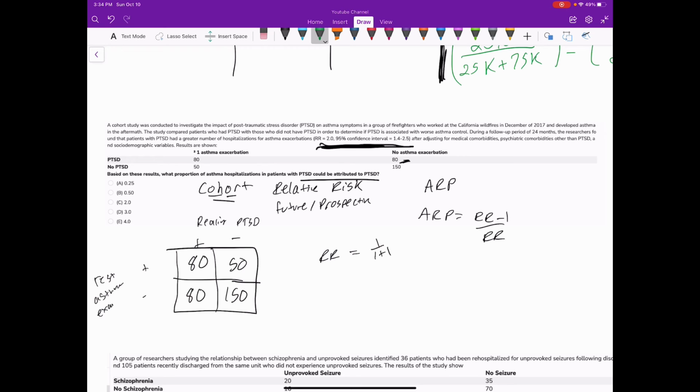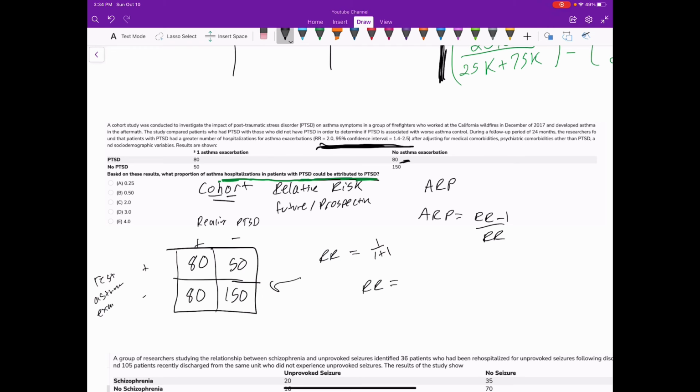What proportion of asthma hospitalizations in patients with PTSD could be attributed to PTSD? Wow. Why would they even tell us that then? Okay, so what does this even mean? Well, we have to figure that out. Relative risk is going to be, they give us RR. Do we have to do this whole entire calculation?